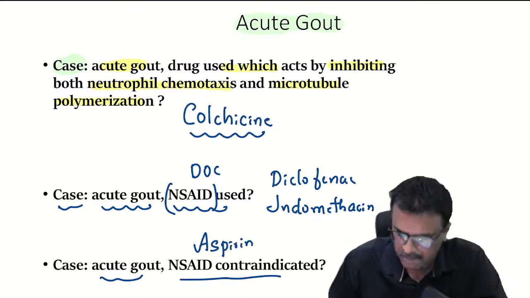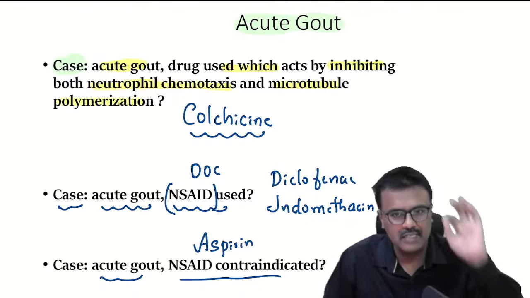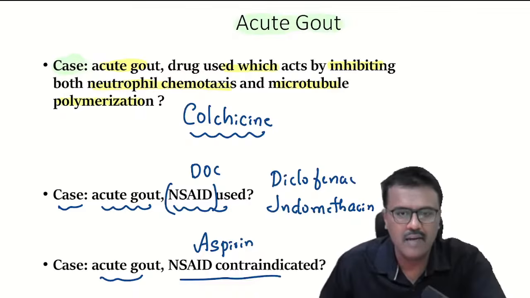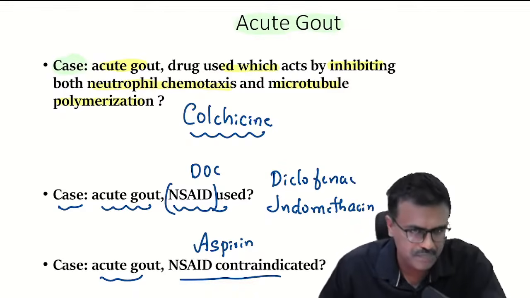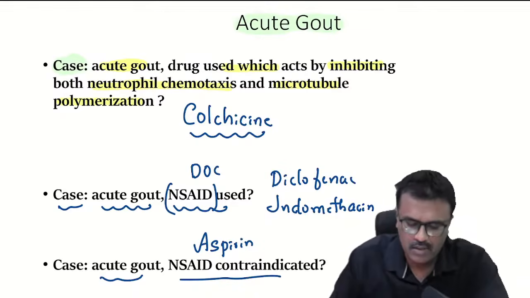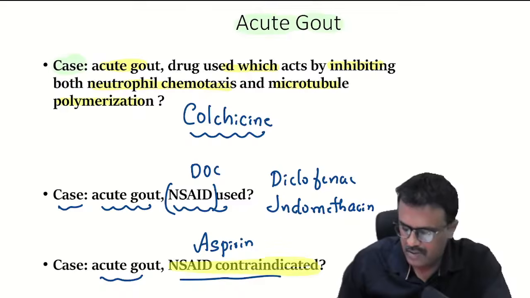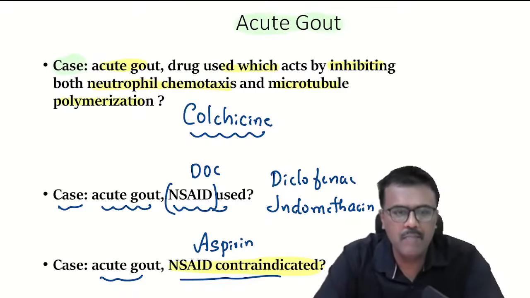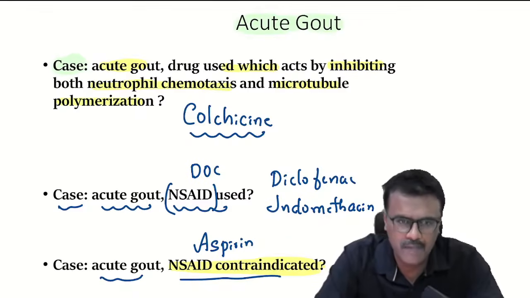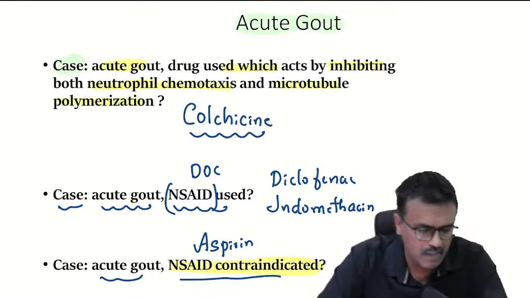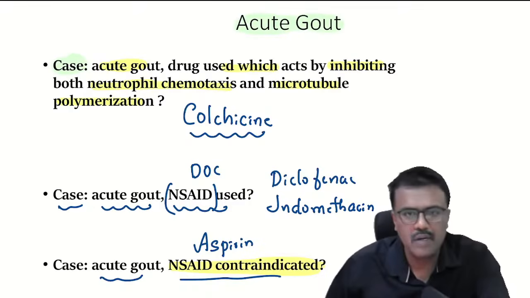Why aspirin? Because aspirin itself increases uric acid and worsens the gout. Many students ask me, can we give paracetamol? You can give paracetamol, but it won't work because paracetamol has no anti-inflammatory property. So this is about acute gout.